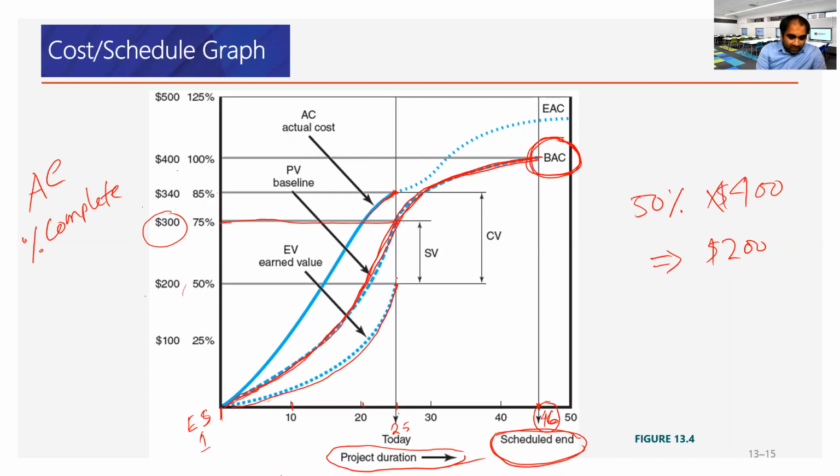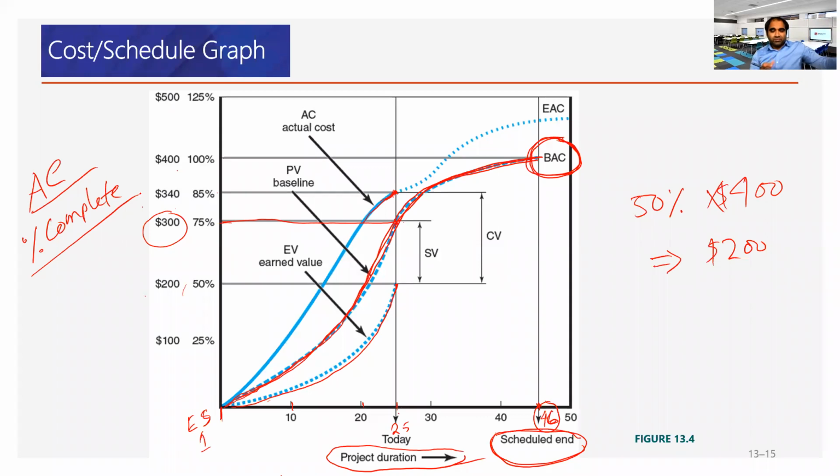Now, I say actual cost and percent complete. These are the numbers that we get after each activity is completed from the project team, the people involved in that activity, who can give us the total number.